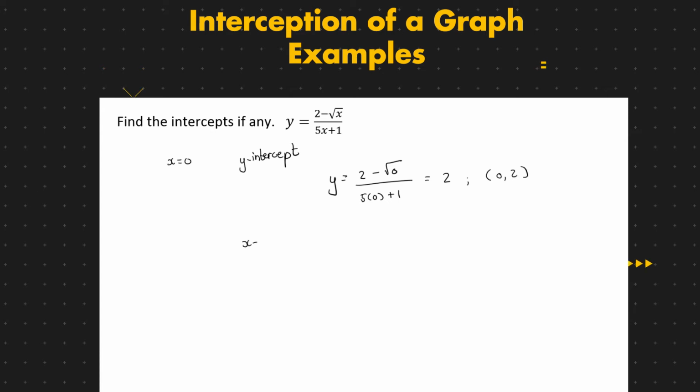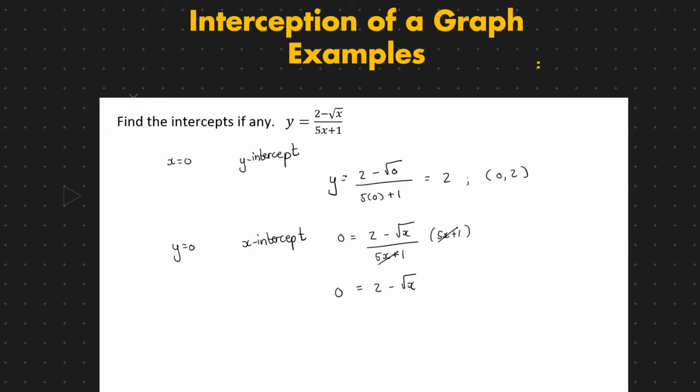And if we find the x-intercept, remember, we will say y is equal to 0. So we'll have 0 is equal to (2 minus the square root of x) divided by (5x plus 1). If we multiply both sides by 5x plus 1, we will have (5x plus 1) times 0, which will be equal to 0. And on the other side, these two factors will cancel out, so we'll be left with 2 minus the square root of x.